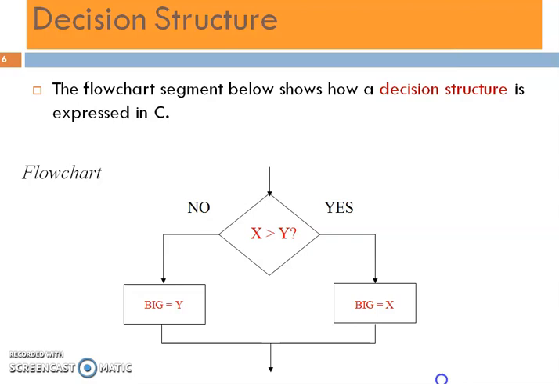On making the assessment x greater than y, we are getting two answers, yes or no. So on one side we may write yes, and on the other side we may write no. So if x is greater than y, big equal to x, and if x is not greater than y, we have to come to the left side where it assumes big equal to y. So this kind of decision making can be expressed using a diamond block.